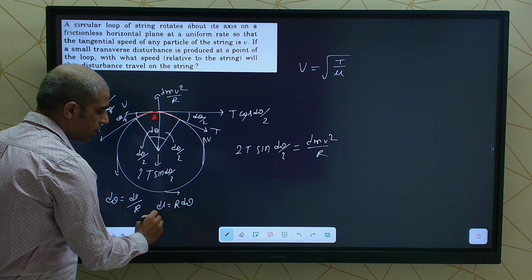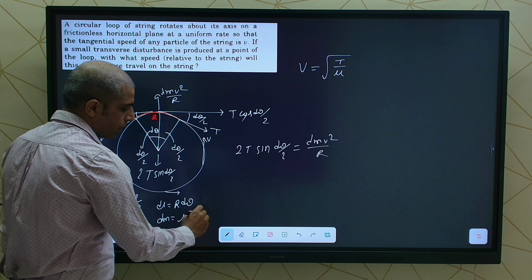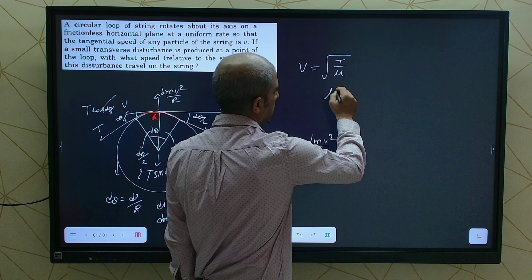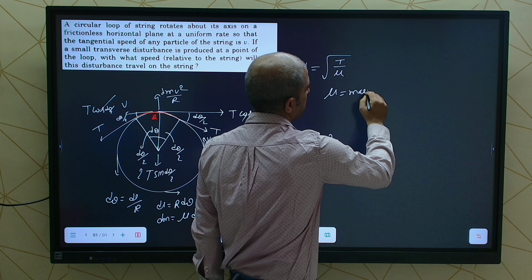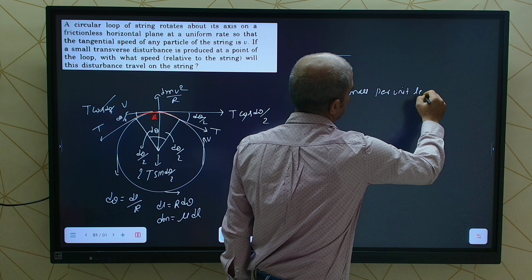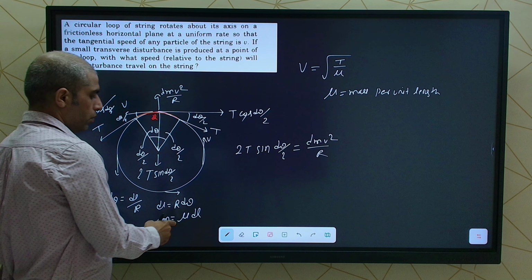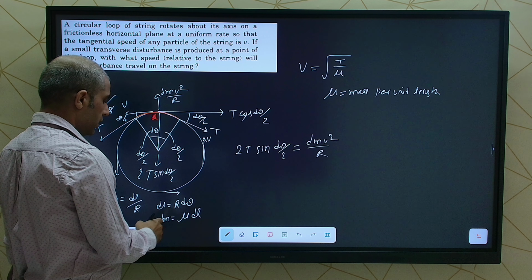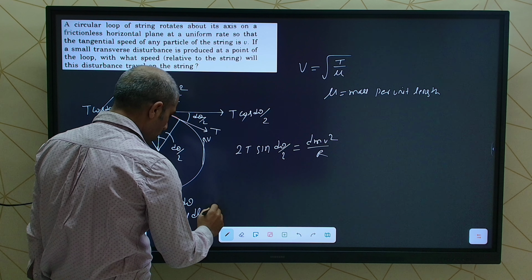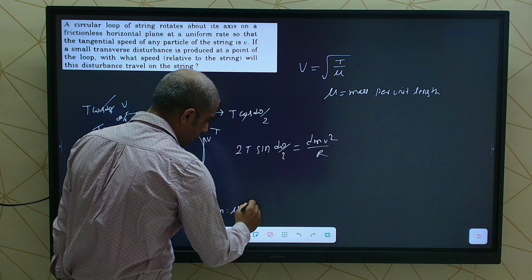And the mass of this element is dm, so dm equals mu into dl, where mu is the mass per unit length. So dm equals mu, and dl is r d theta.